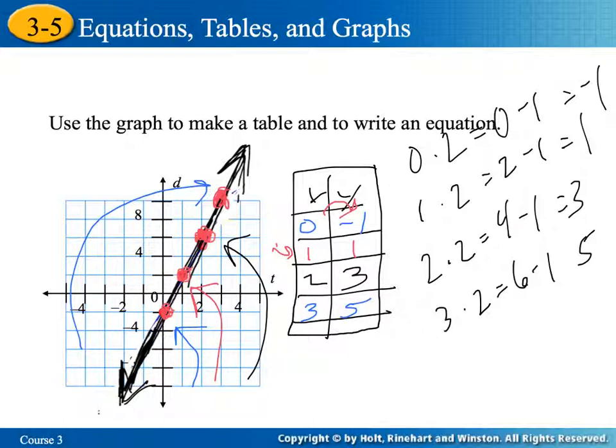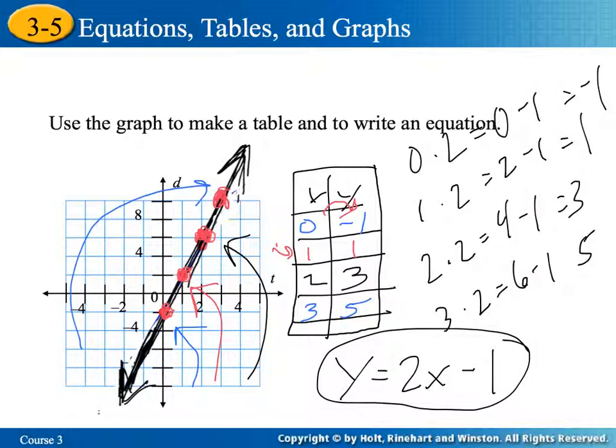Okay, when you look at this, what did I do to my x to get to my y? Remember, always, y equals. We multiplied by 2, 2 times x, then we subtracted 1. So my equation is y equals 2x minus 1.